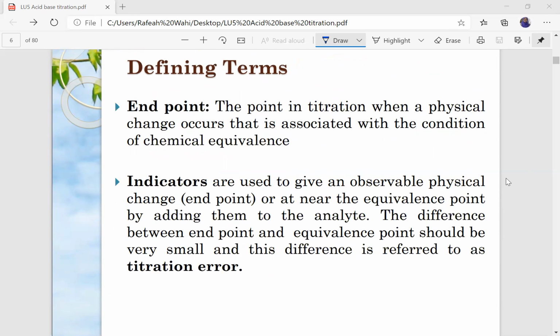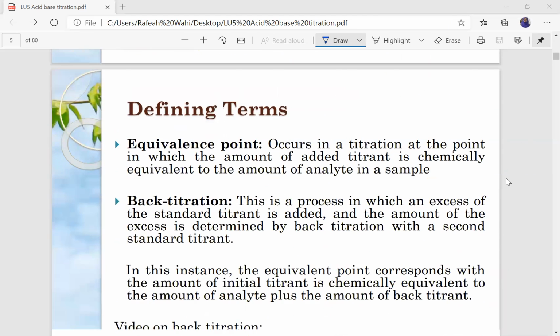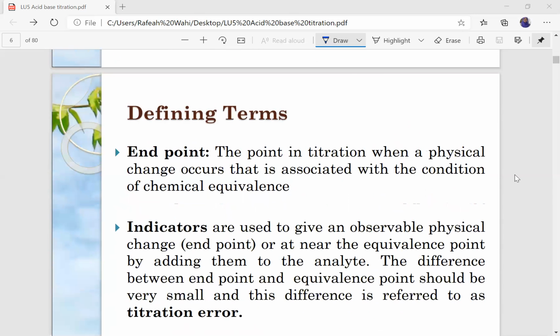Equivalence point, on the other hand, occurs in a titration at the point in which the amount of added titrant is chemically equivalent to the amount of analyte in a sample, meaning to say that the equivalence point is the theoretical chemical equivalence between the titrant and the analyte during titration, whereas the endpoint is the point at which a visible physical change occurs.